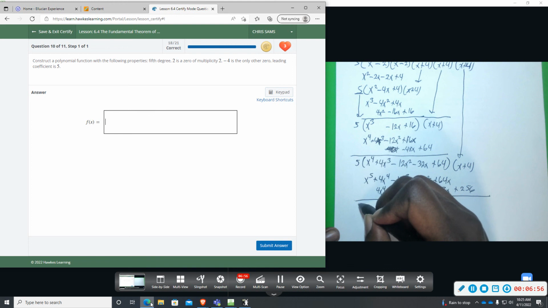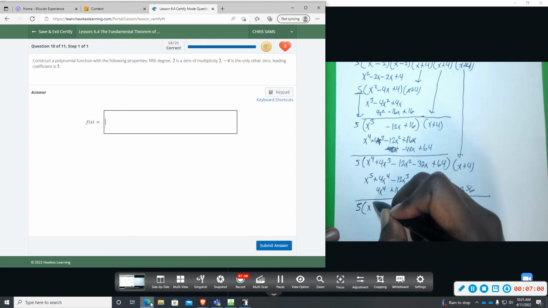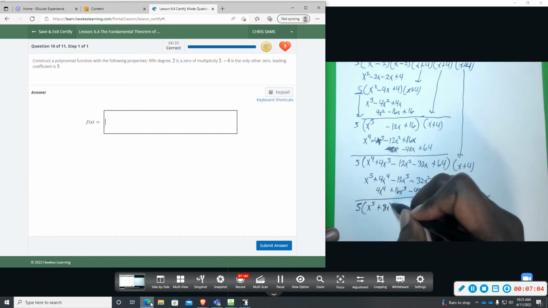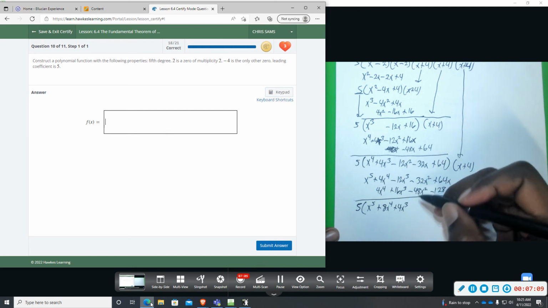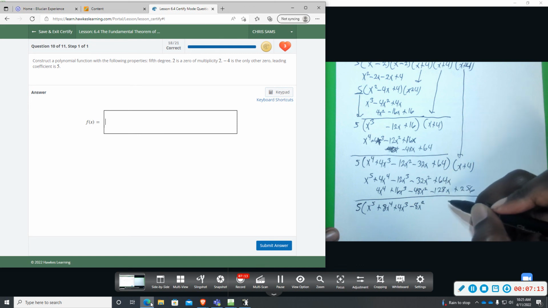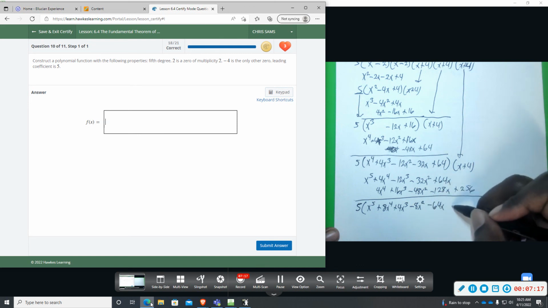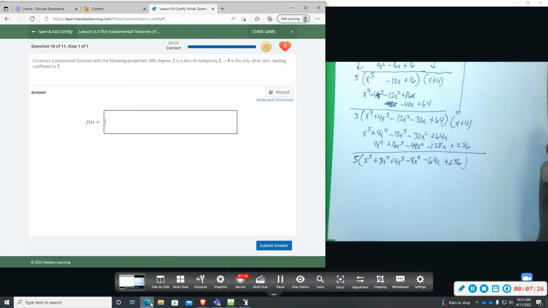So then I'm going to bring down that 5 once more. So x to the 5th plus 8x to the 4th plus 4x cubed minus 80x squared minus 64x plus 256. And then I'm going to multiply everything by 5 for that leading coefficient.